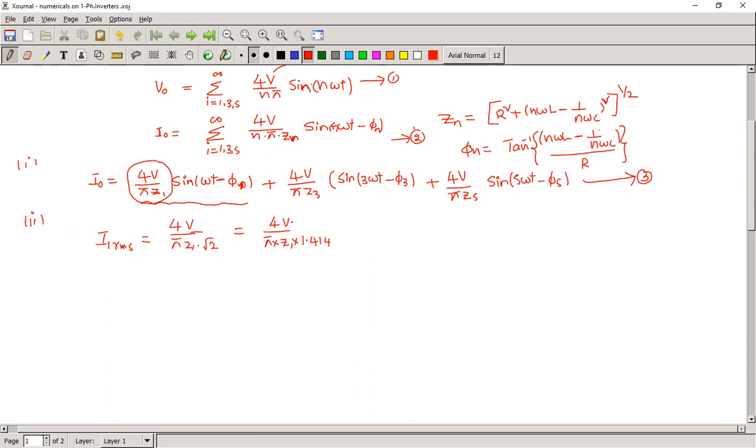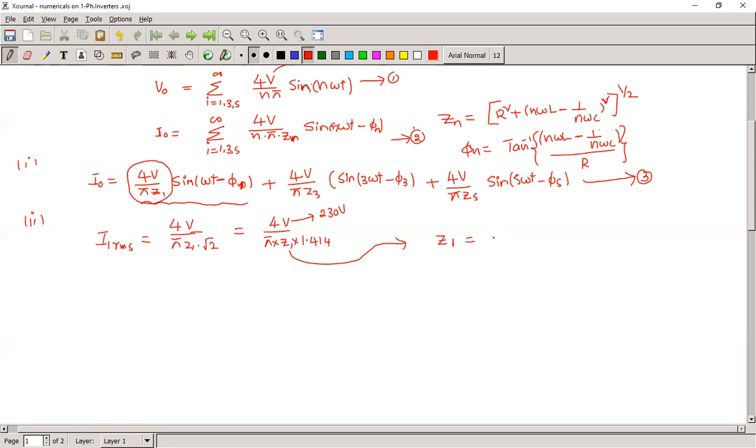Now how do you find the Z1? Here V is given in the problem as 230 volts. Z1 we have to calculate. Z1, already we know the expression for the Zn. So in place of n, you substitute 1.